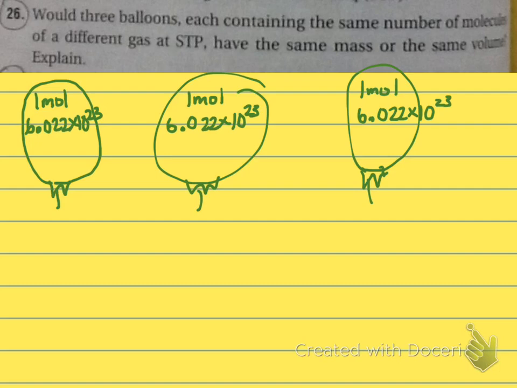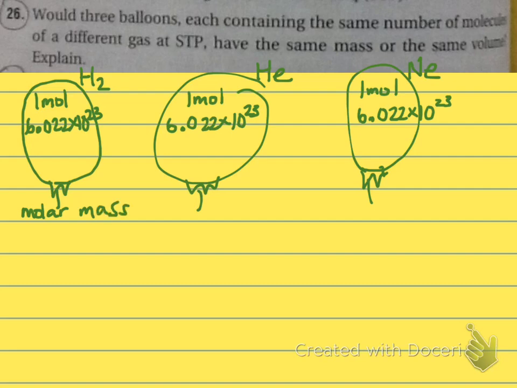Now, we say they're different gases, so let's just pick some gases. Let's make them easy gases. Let's make it hydrogen. Let's make it helium. And let's make it neon gas. Okay, so because we have 1 mole, we can talk about what the molar mass of each of these substances is.